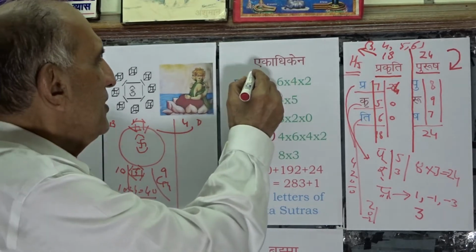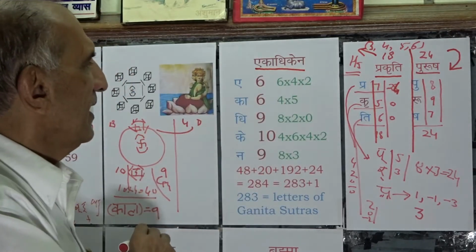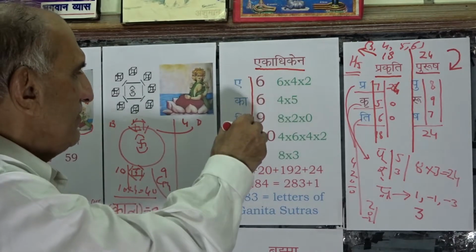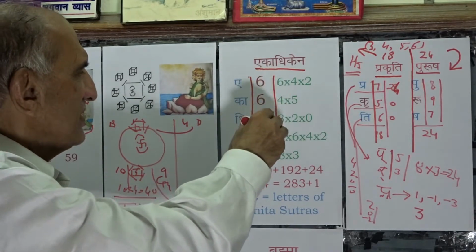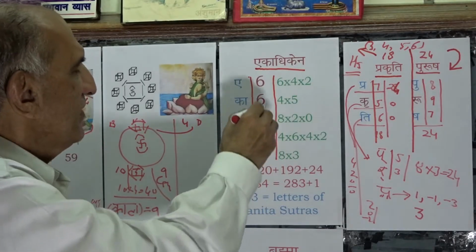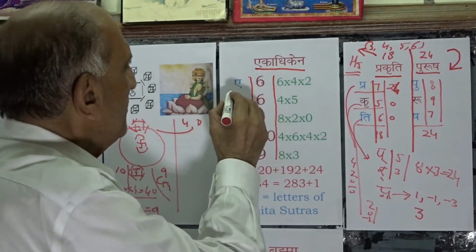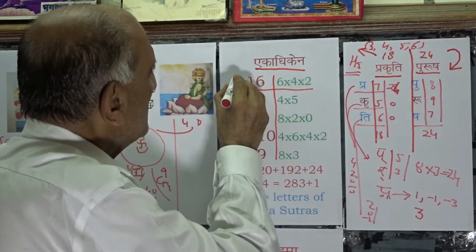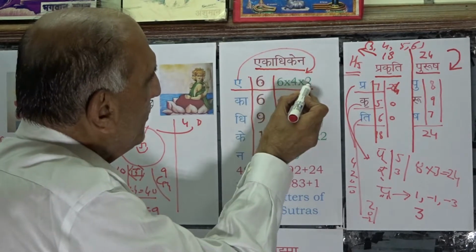First formulation of the Ganita Sutra is Ekadhikena. Let us revisit it. It is a setup of 5 syllables. This range of 5 syllables are leading us to value 6, 6, 9, 10 and 9. However, the transcendence as such for value 6 as a 6 space will be taking 6, 4 and 2.